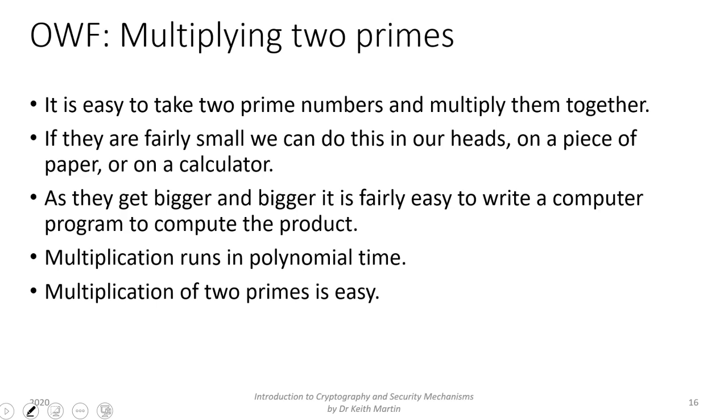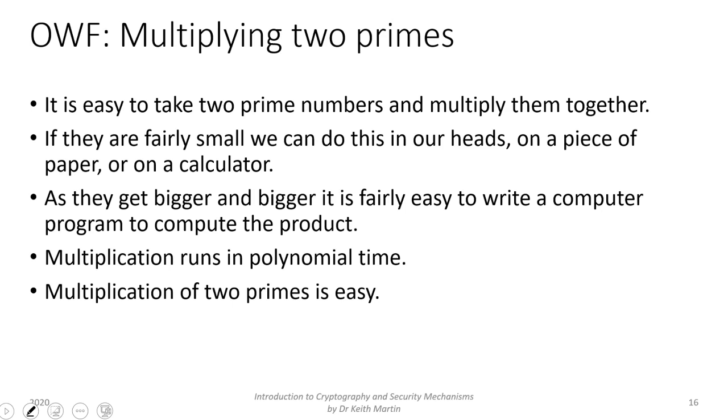Let's think of a simple example of multiplying two prime numbers. Say we take two prime numbers, 3 and 5. If we multiply 3 and 5, we get 15.